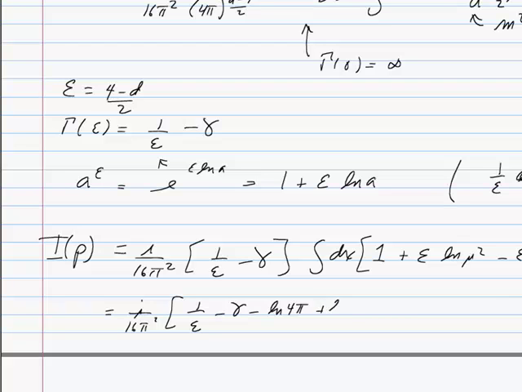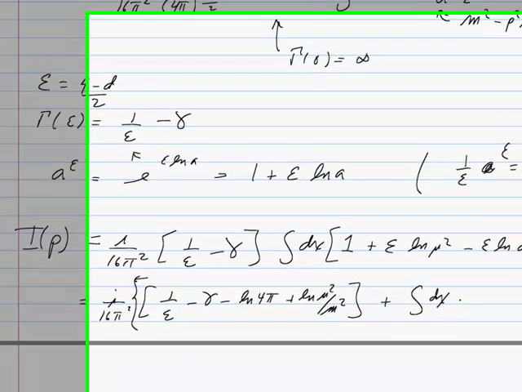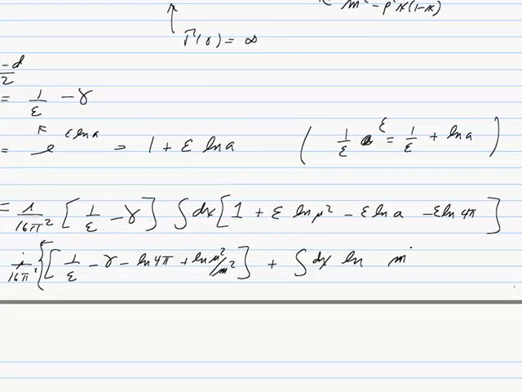And let me write it as plus log mu squared over m squared, and then plus the integral dx log m squared over m squared minus p squared x 1 minus x. Okay.